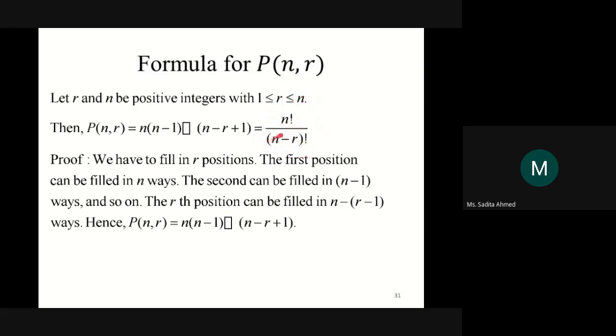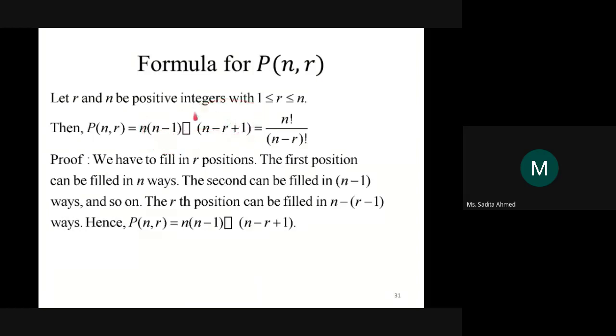You would cancel out all the elements that you get from (n minus r) factorial. You'd cancel that from the n factorial value, right? From n factorial, all the values that you have under (n minus r) factorial would get cancelled out. So ultimately, the result we would get would be equivalent to this: n multiplied by n minus 1 multiplied by n minus 2 multiplied by n minus 3 and so on until n minus r plus 1.